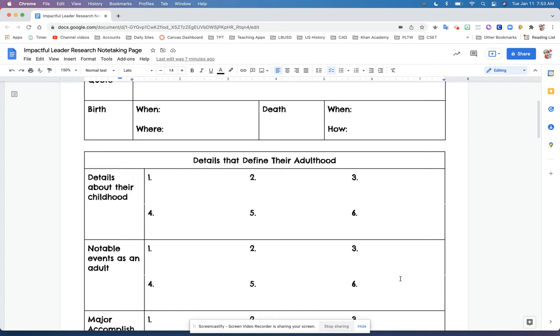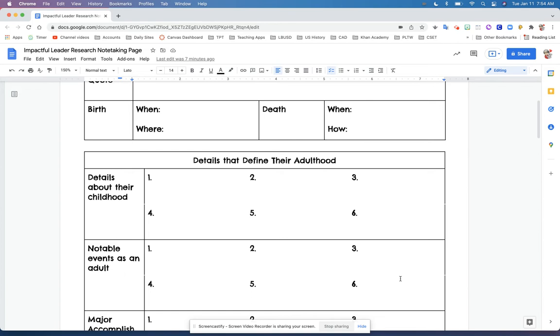Okay, if they had 5 siblings, you're going to want to say 3 brothers and 2 sisters. Maybe they have a sibling who is famous in their own right. Maybe they have parents who are famous parents, or, mom was a teacher and dad was a construction worker, things like that. So details about their childhood.